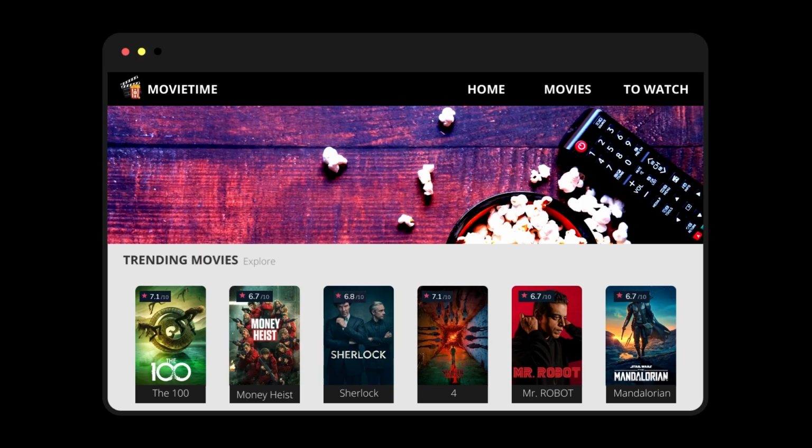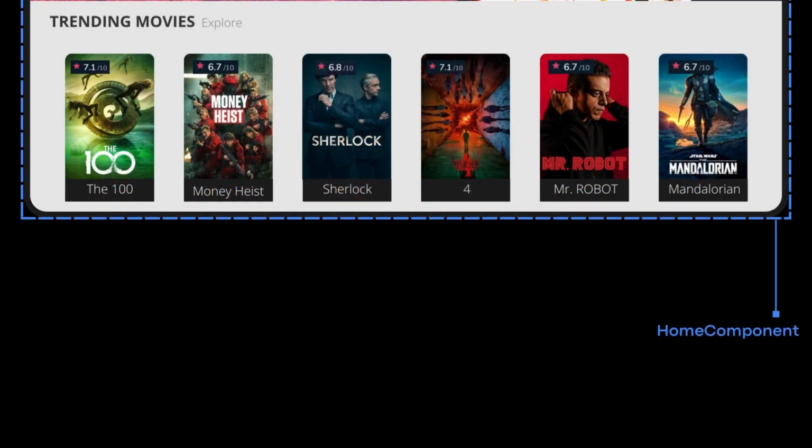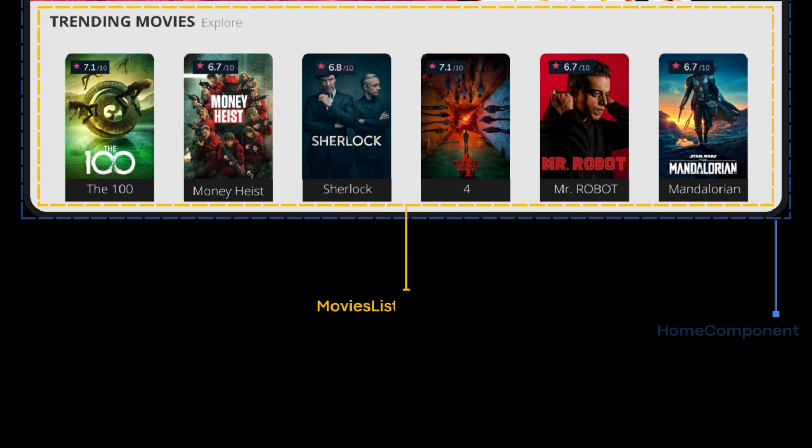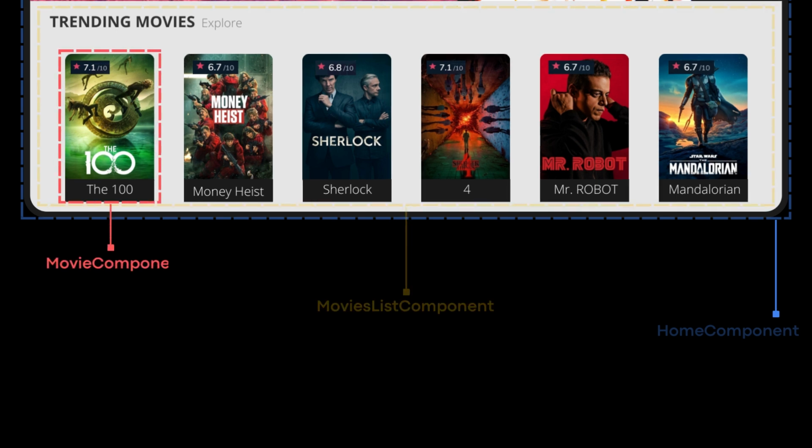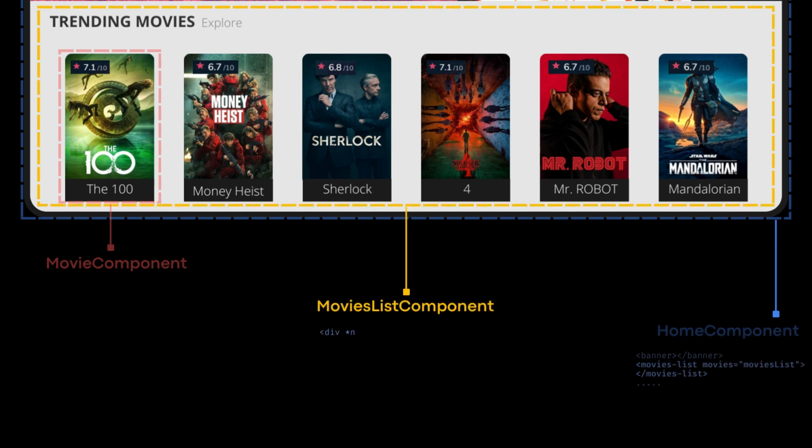Here is a web app to watch movies online. This page is the home component. The trending movies block is the movies list component, and the small cards represent the movie component. The home component contains some components, but what we are more interested in here is the movies list component.